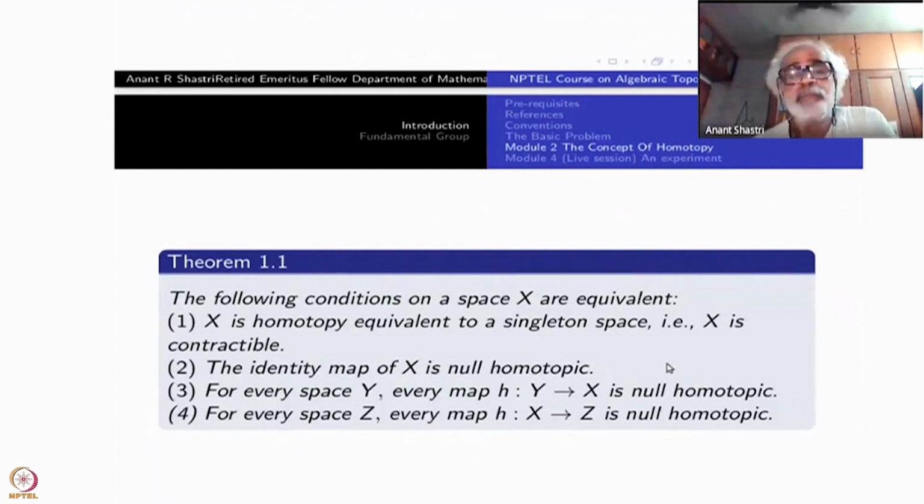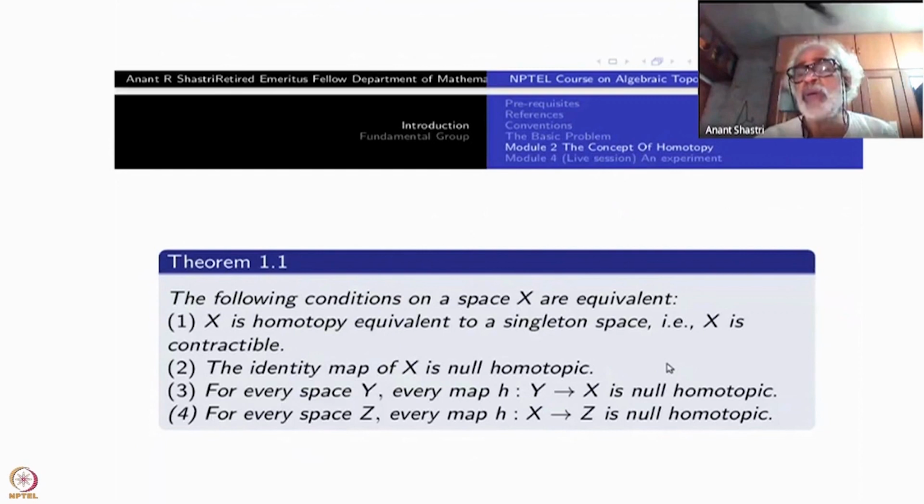The third one, for every space Y, every map h from Y to X is null homotopic. All functions taking values in X are null homotopic. Fourth, for every space Z, every map h from X to Z is null homotopic. Everything which has X as a domain is also null homotopic. So both as domain and codomain, X is behaving very nicely.